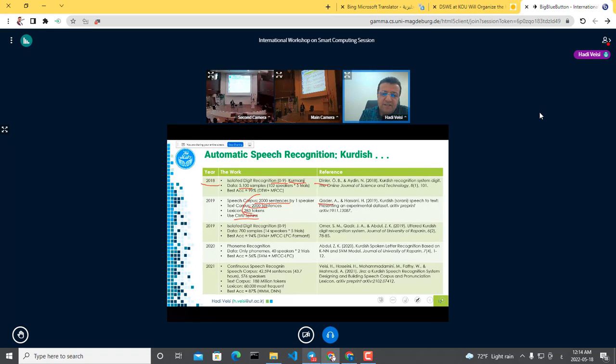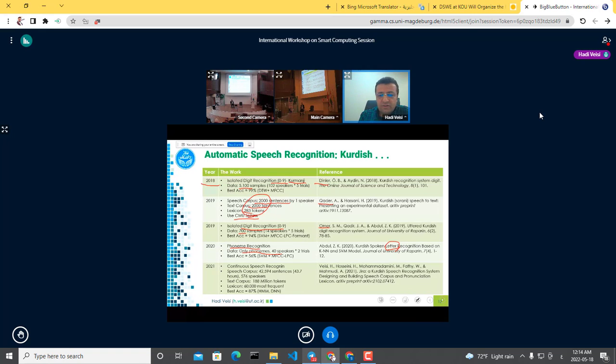Of course, it's a very small corpus to have a continuous speech recognition system. Also, there is another work for digit recognition, and there is a work for phoneme recognition, which is mistakenly probably called letter recognition. The authors collected some data for the phonemes.